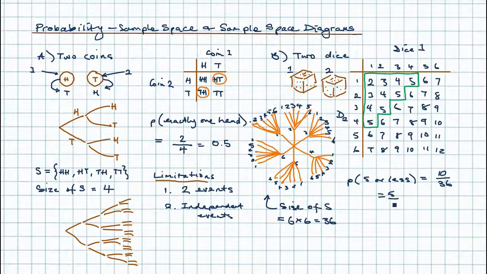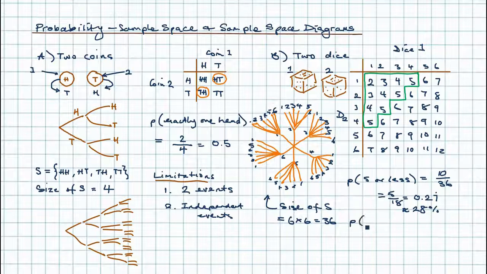Simply working with the patterns in here, 10 out of 36 is 5 out of 18, which is, let's just reach for a calculator here, 5 out of 18 is 0.27 if we want it in decimal, 0.27 recurring, in other words, approximately equal to 28%.